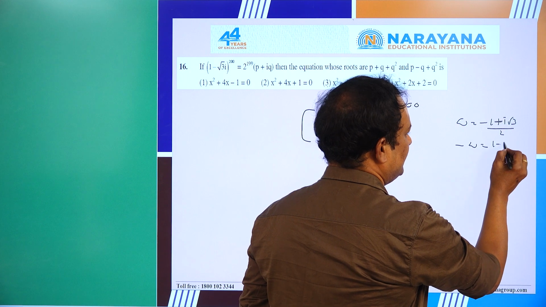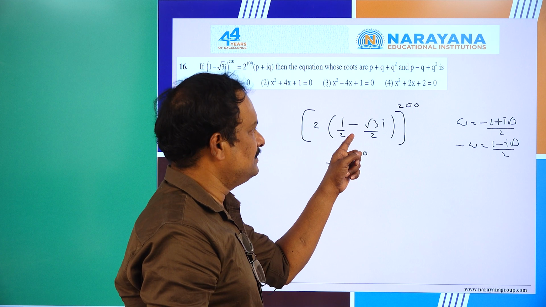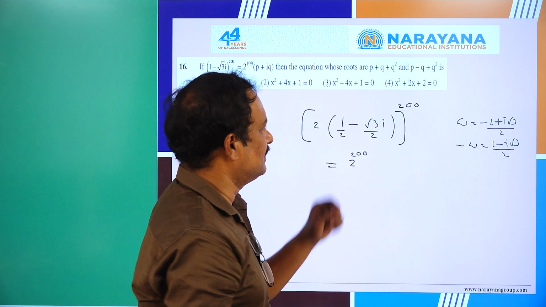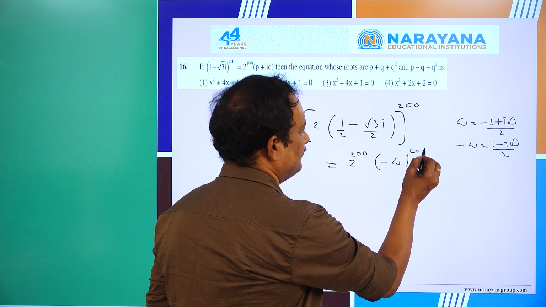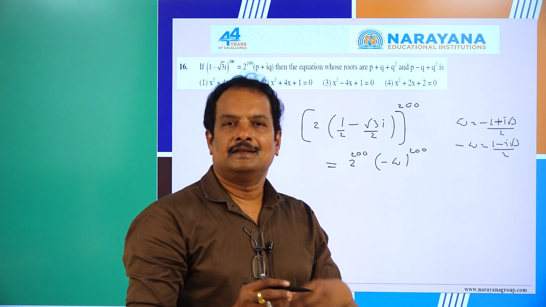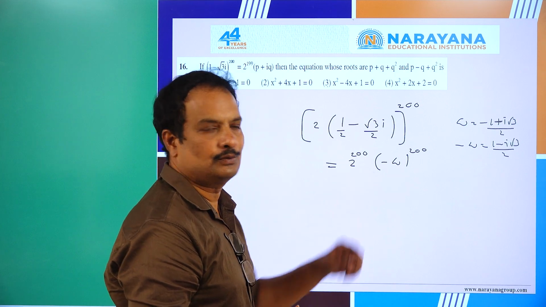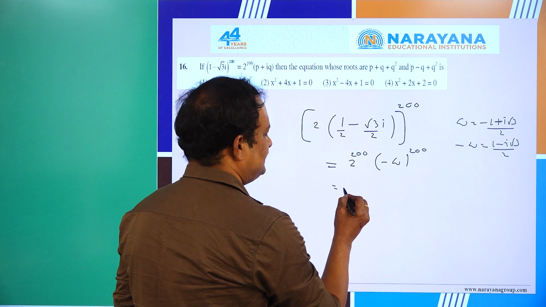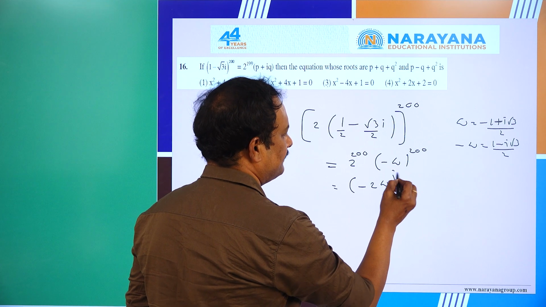That is nothing but (1 minus i root 3) divided by 2. So, whatever the value here, that is nothing but minus omega. So, this is (minus omega) whole power 200. Okay. So, we have simplified this by writing it in the modulus amplitude form. We got 2 power 200 into (minus omega) power 200.